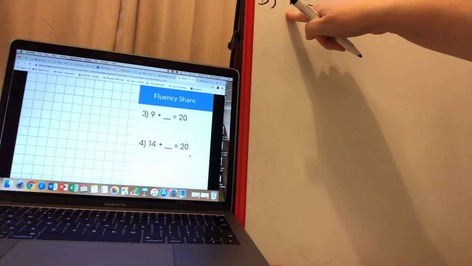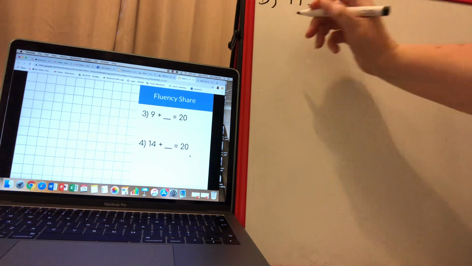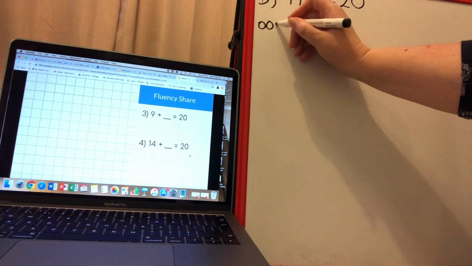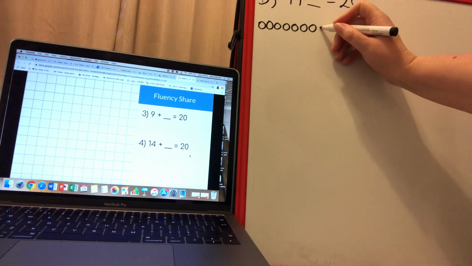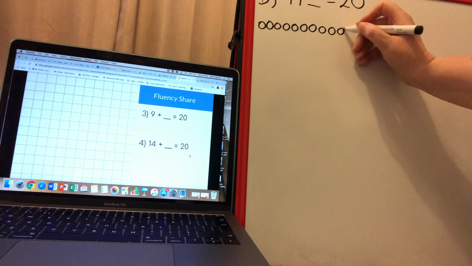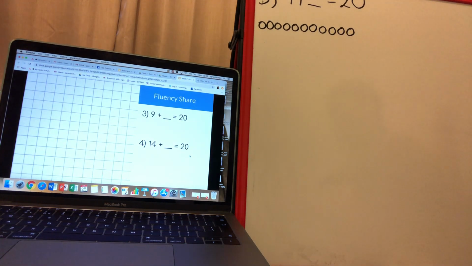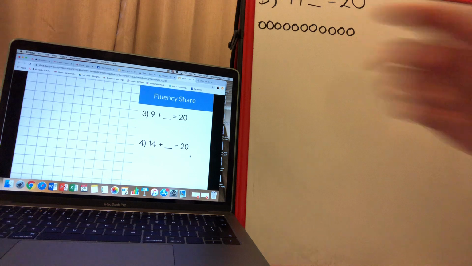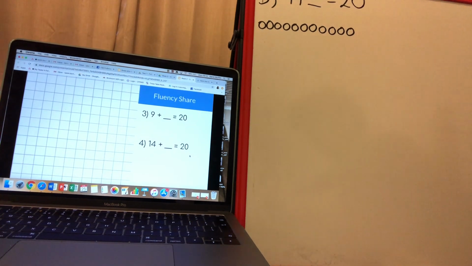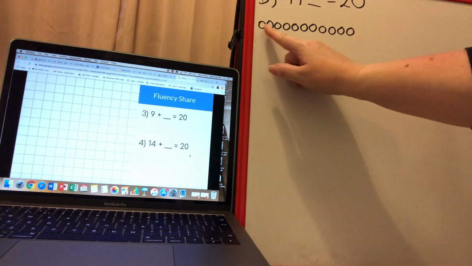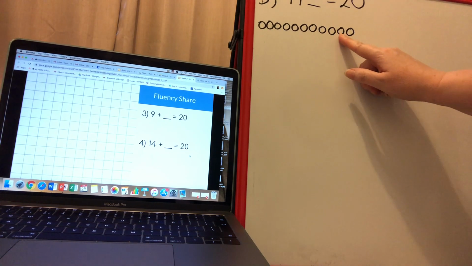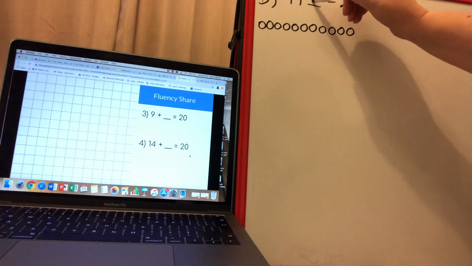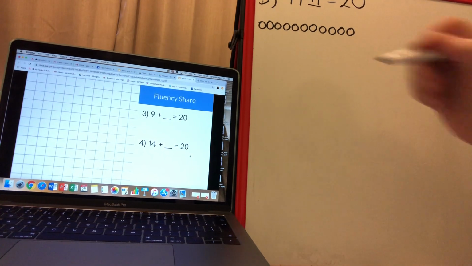Okay, so 9 in my head, count on. 9, 10, 11, 12, 13, 14, 15, 16, 17, 18, 19, 20. I've drawn the beads, but how do I find the missing number? That's right, I count the beads. 1, 2, 3, 4, 5, 6, 7, 8, 9, 10, 11. 9 add 11 equals 20.